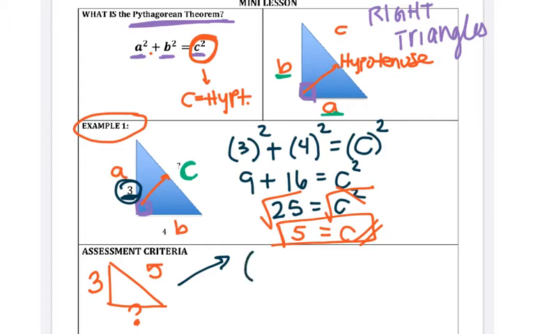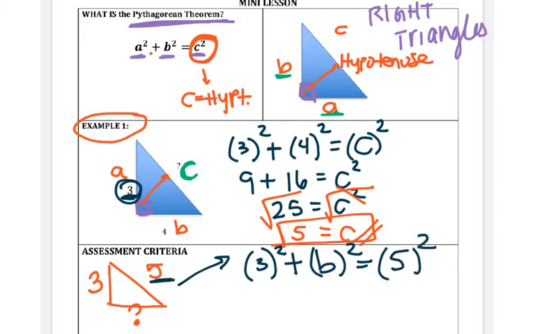You will have 3 squared plus b squared is equal to 5 squared. Why? Because the 5 is given. If the 5 is given, we have to make sure we substitute that in for our hypotenuse, okay? This is our hypotenuse.